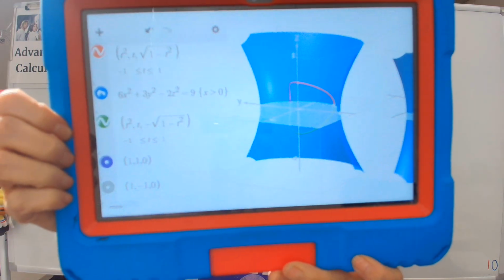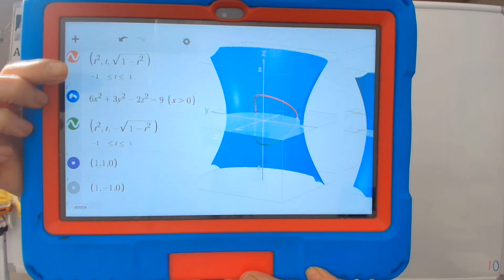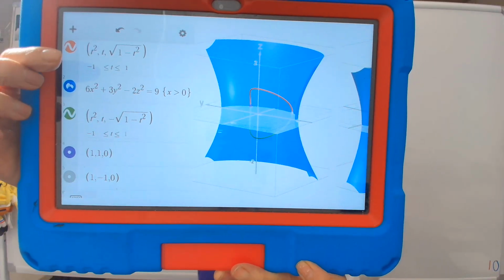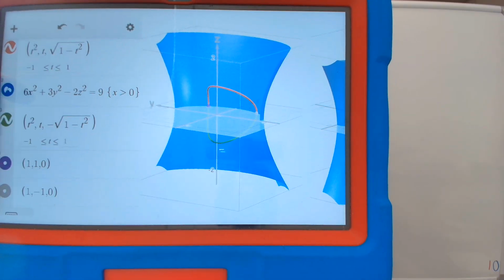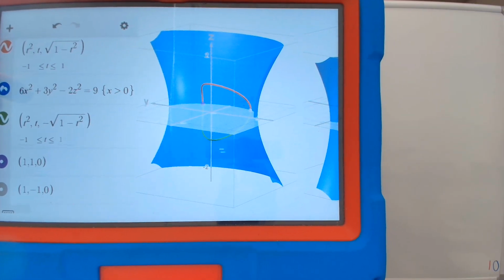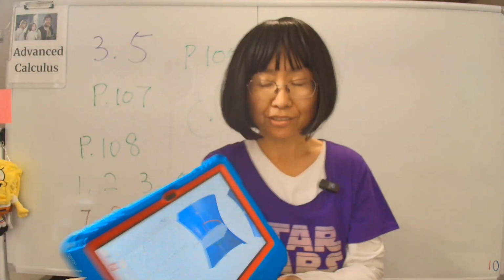Okay, here is the graph. The blue thing is the surface, and the curve is the curve, of course. And as you can see, it touches the graph at some point, but in a tangent way. So the angle of intersection will be 0.